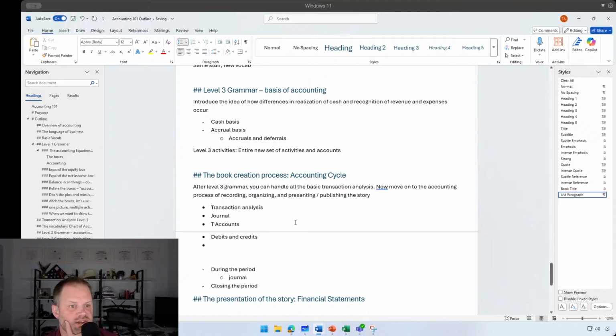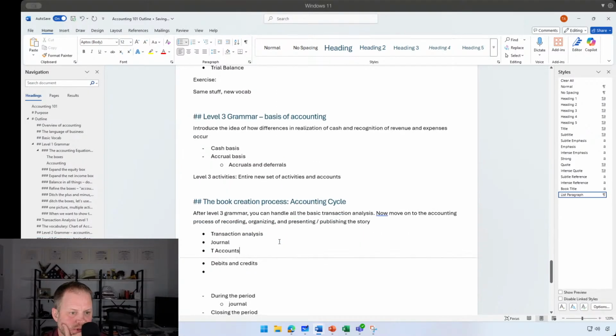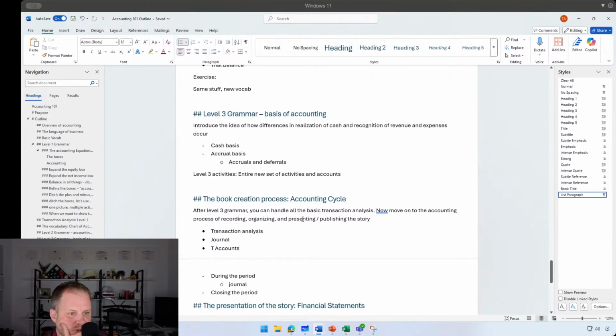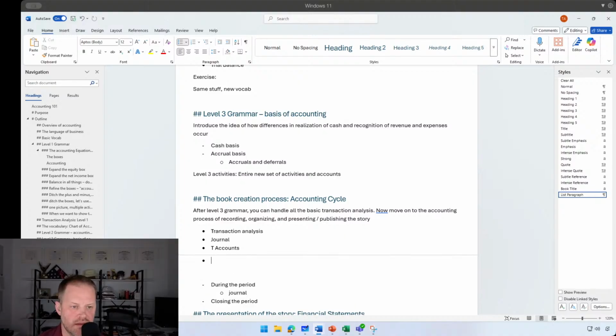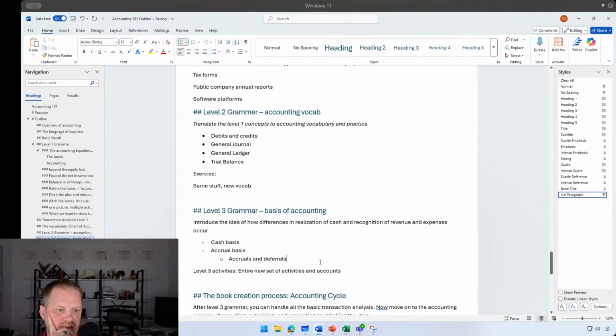So, transaction analysis, create the journal, T accounts. And then adjusting entries. Where are adjusting entries going to be introduced? I think that's here.